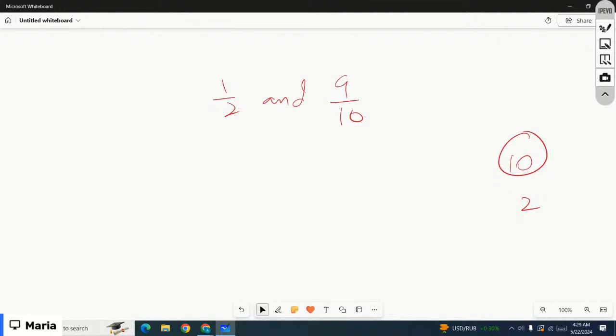Okay, the next one is 5 by 6 and 7 over 8. So which is the correct option? 24 or 8. You are given two options. So which option is the correct one?